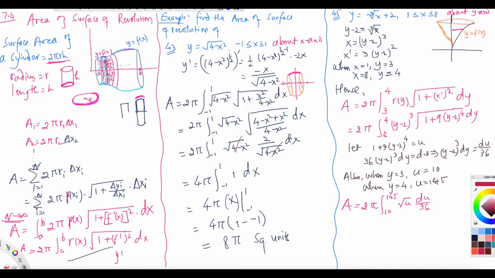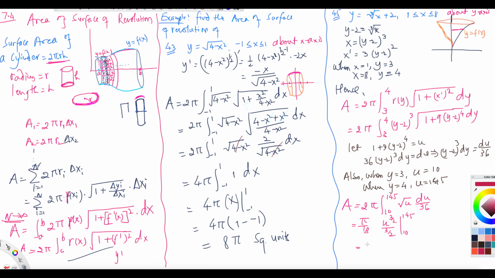Okay, so what is the integral? You can pull that 36 out, and then you can write pi over 18, right? Because 2 pi over 36 is the same as pi over 18. That will be u to the 1/2. So u to the 1/2 plus 1 is 3/2, over 3/2, from 10 through 145. Okay guys, you can use a calculator to plug in those values, or just leave it in that format. So what do you get?